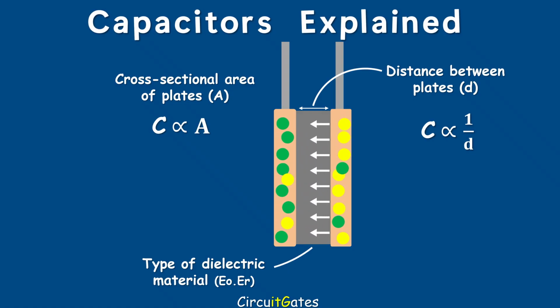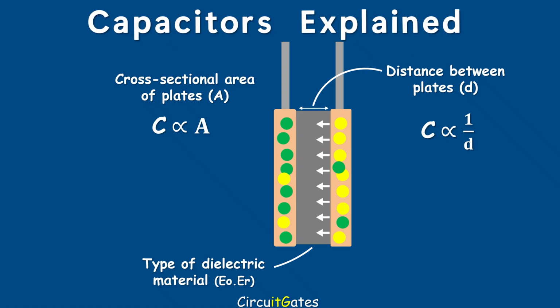Dielectric material. Dielectric provides an easy establishment of an electric field, while preventing excess electrons from directly moving from one plate to the other plate. There are various materials used as dielectrics, such as paper, mica, and more. The capacitance of a capacitor depends on the dielectric material used.